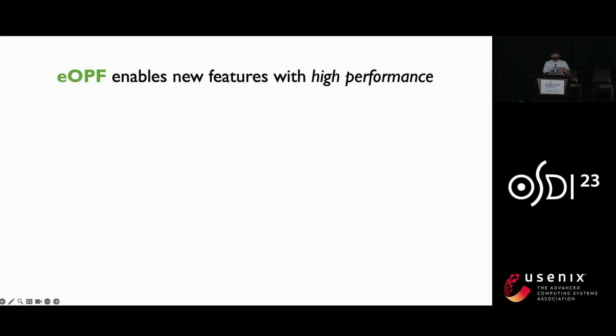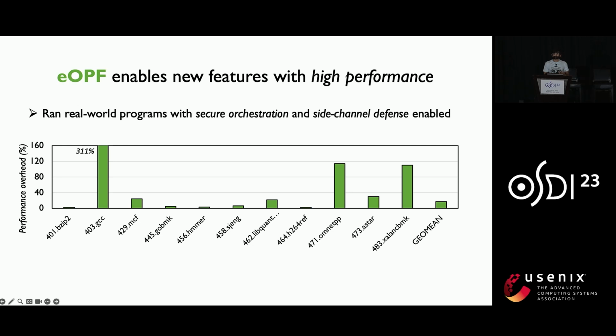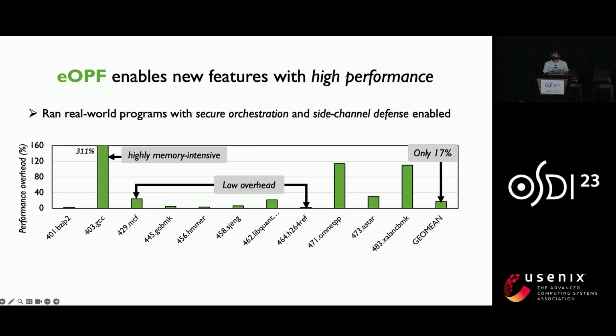And finally, eOPF can enable these two features that I talked about, side channel protection and secure enclave orchestration, while providing very high performance. We ran a sequence of real-world programs with both of these services enabled, and we observed that while there are some occasions where a very highly memory-intensive program will incur high performance overhead because of cache isolation and invalidation, for the vast majority of programs, we observed very low performance overhead with a geometric mean of only 17%.